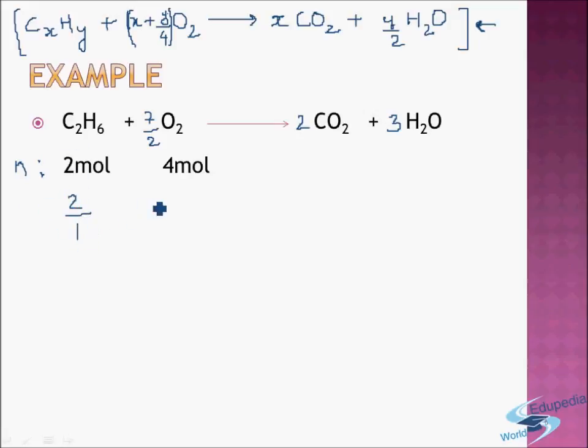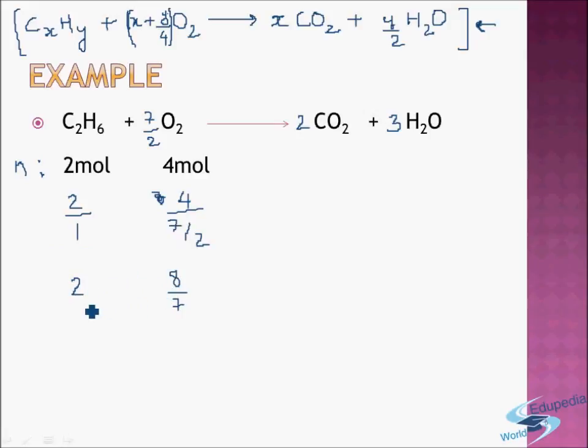The stoichiometric coefficient of ethane is 1 and that of oxygen is 7 by 2. So the ratio is 2 for ethane and 4 divided by 7 by 2, that is 8 by 7, for oxygen. So these are the ratios.